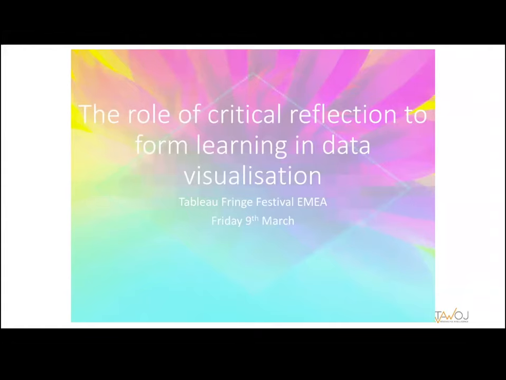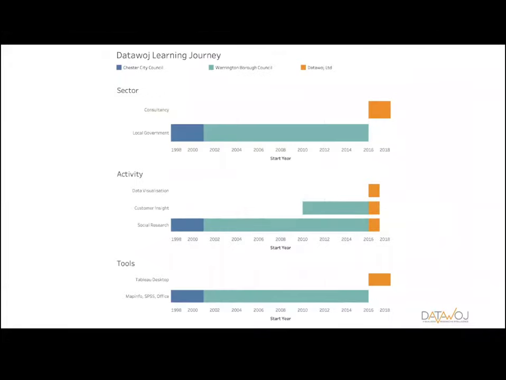Okay, thanks very much. Hello to everyone, and I'm going to be talking today about the role of critical reflection to form learning in data visualization. So just a little bit about my background, really. I spent many years working in the public sector, in local government, and I set up my own consultancy, Wojtowycz, about 18 months ago.